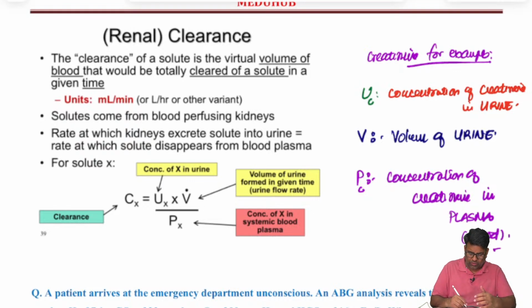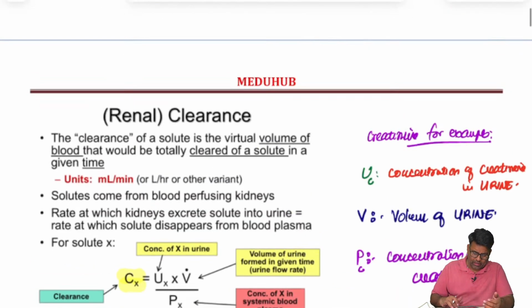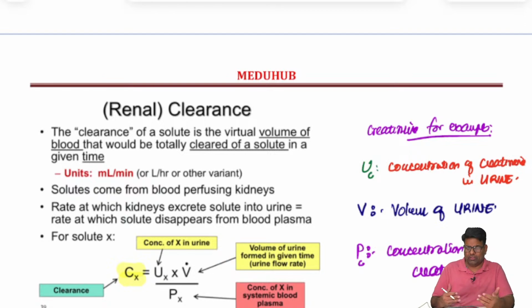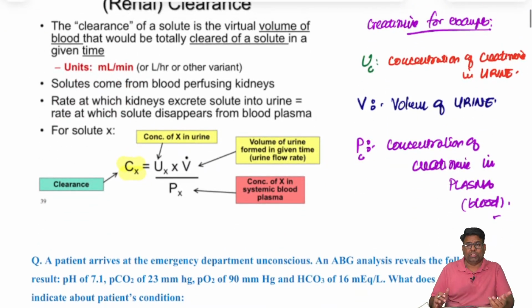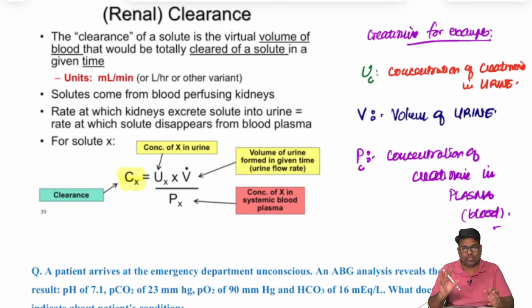So this is how we are using this formula, and this gives us an idea about the clearance of the substance in consideration, right? So U into V upon P, that is the clearance of one particular substance. So this is how we calculate the renal clearance of any substance which is under consideration. So what is the total volume of urine, and what is the amount of that substance in the urine divided by the amount of that substance in plasma.